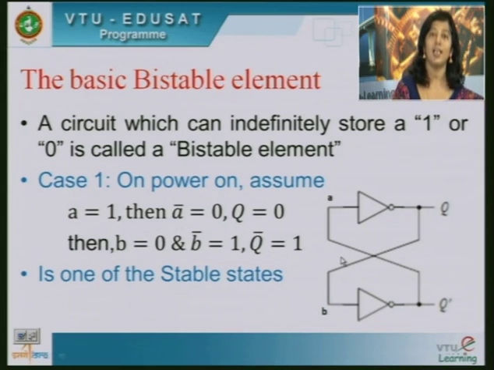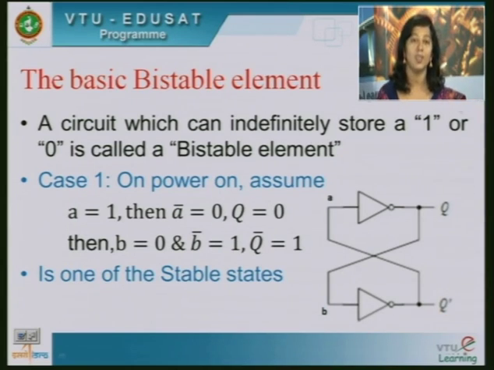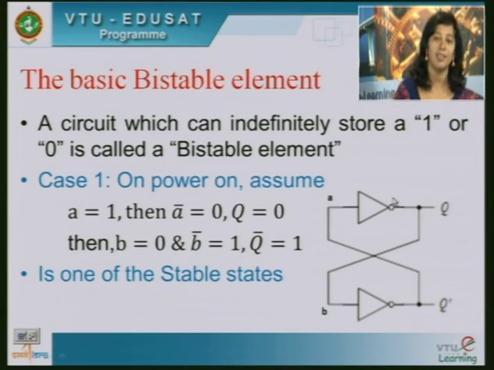This bistable element is capable of storing one bit of data, or it is a memory element. We can easily see how this works. The upper NOT gate output is connected to the input of the lower NOT gate, and vice versa. The output of the lower NOT gate is coming to the input.